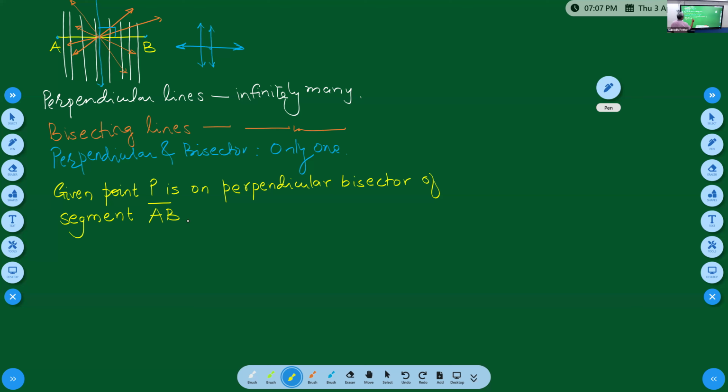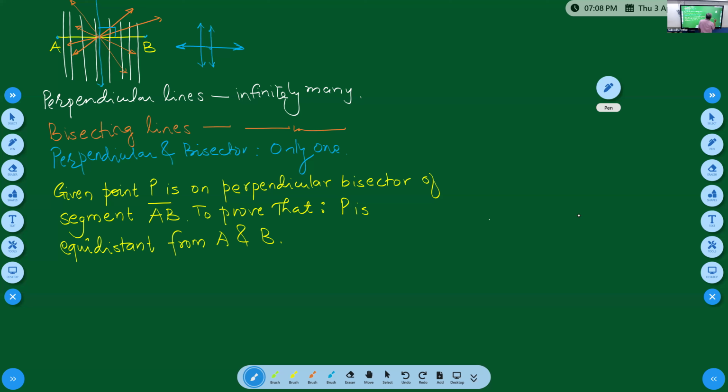to prove P is equidistant from A and B, right?